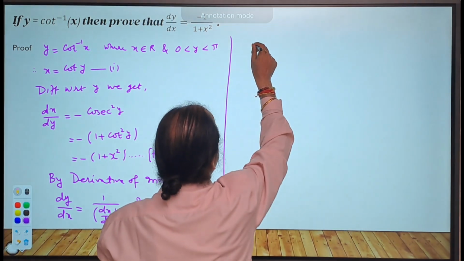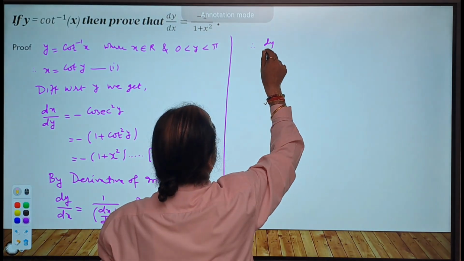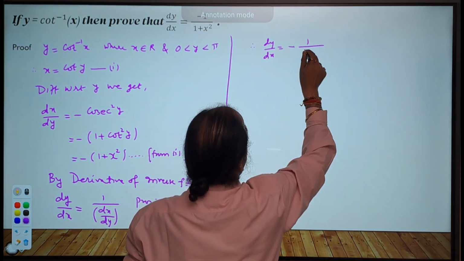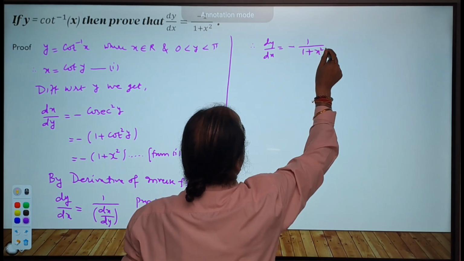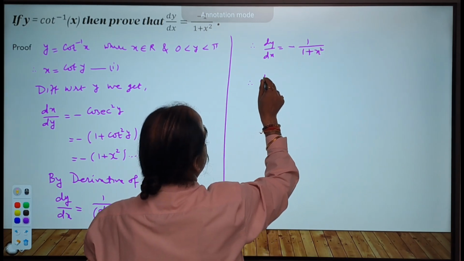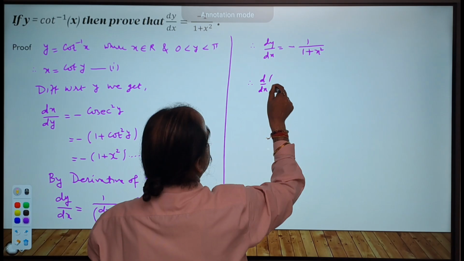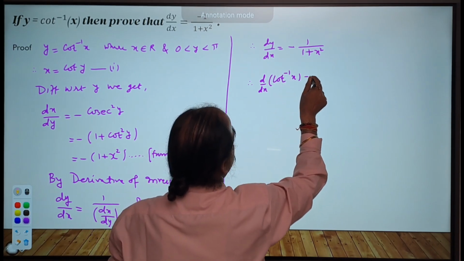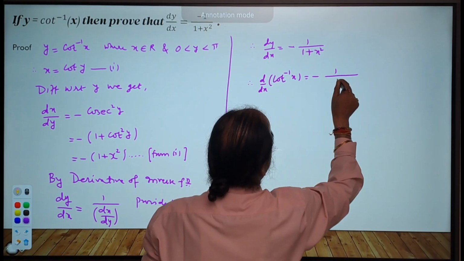Therefore dy by dx is minus 1 upon 1 plus x square. So d by dx of cot inverse x is equal to minus 1 upon 1 plus x square.